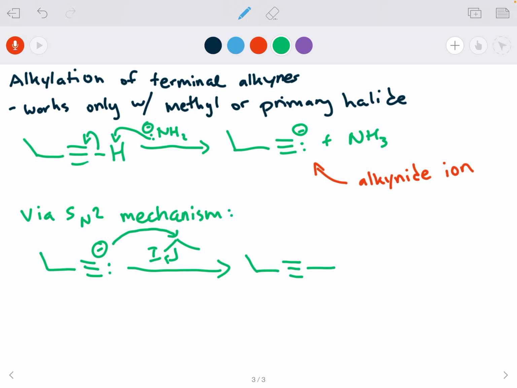And we will be left with our final product. And just count the carbons to make sure we have the right number. So 1, 2, 3, 4, 5, 6. We got 1, 2, 3, 4, 5, and 6 carbons.